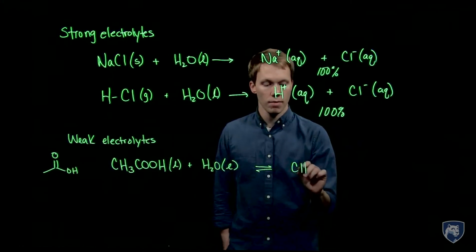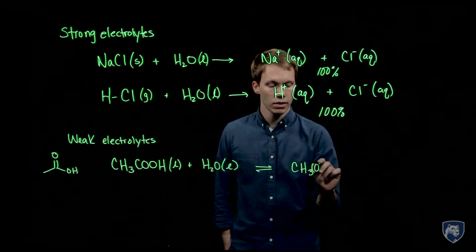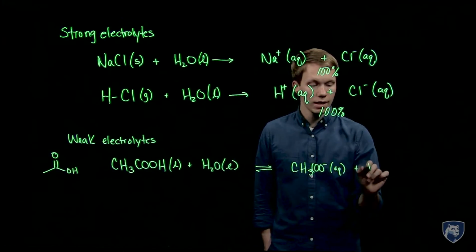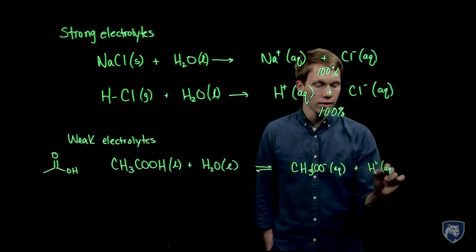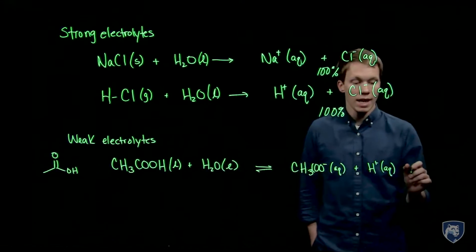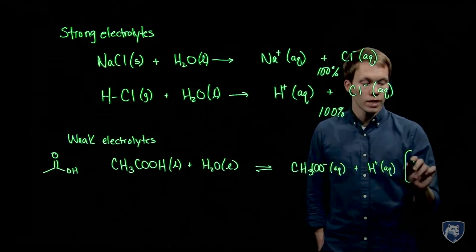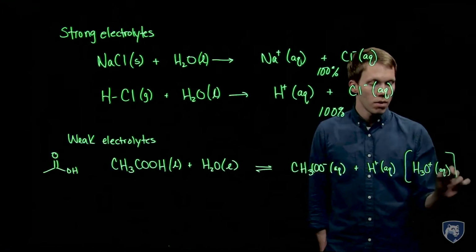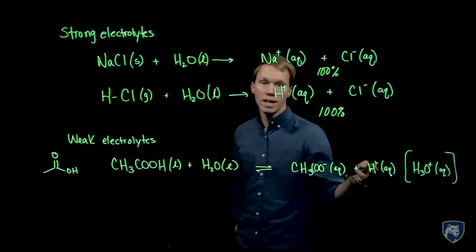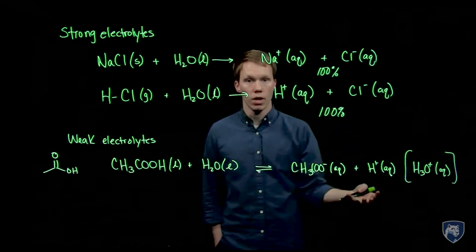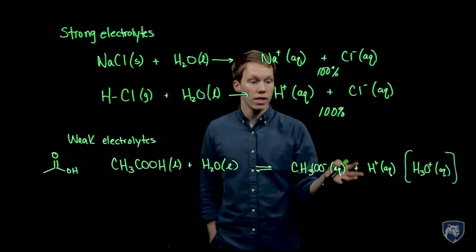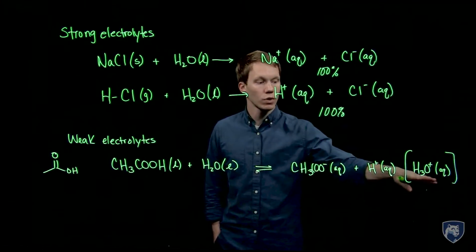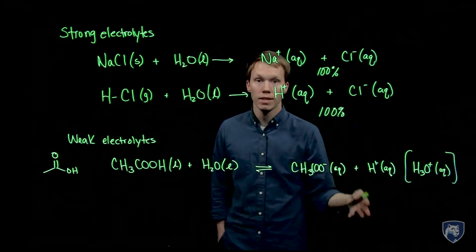So we get some of the anion, CH3COO minus aqueous, and H plus aqueous. And sometimes you may see this written as H3O plus rather than a lone proton here, because that proton is going to be attached to a water molecule. We're not going to get into the idiosyncrasies of acid-base reaction writing here, but just know that H3O plus is another way of writing H plus when it's in water.